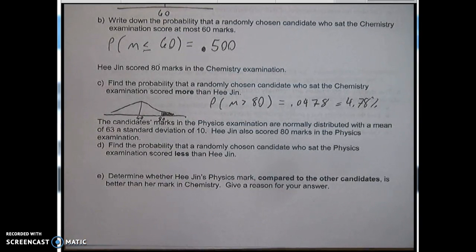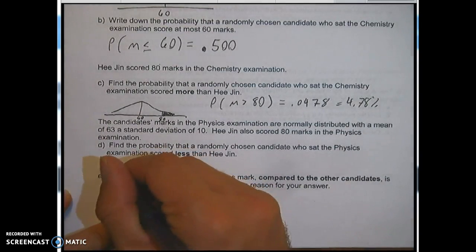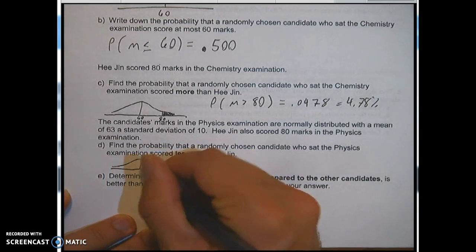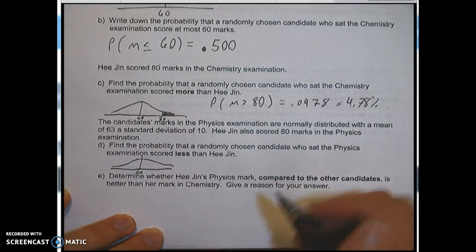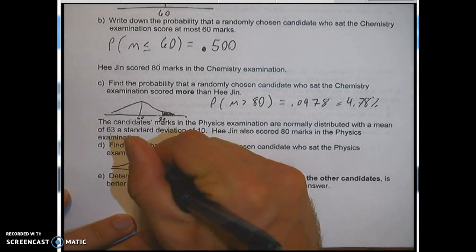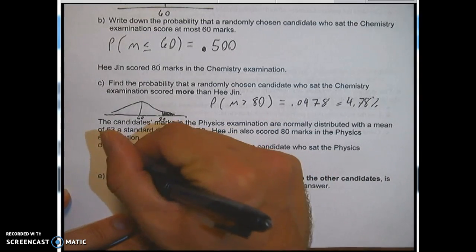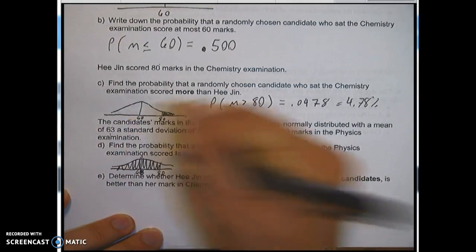The candidate marks in physics exam are normally distributed with a mean of 63, standard deviation of 10. Same student scored 80 marks in physics. Find the probability that a randomly chosen candidate who sat the physics exam scored less this time. Okay, so let's check it out. We got our normal distribution. We got our 60. Oh, sorry, the mean now is 63 actually. 63. There's your 80. We want everything to the left of that.